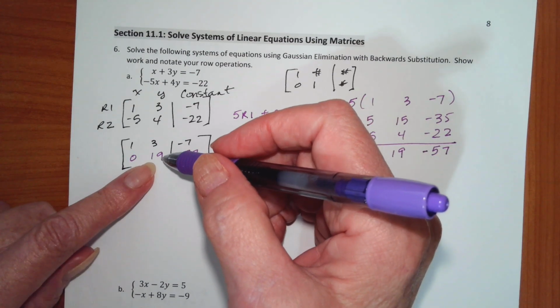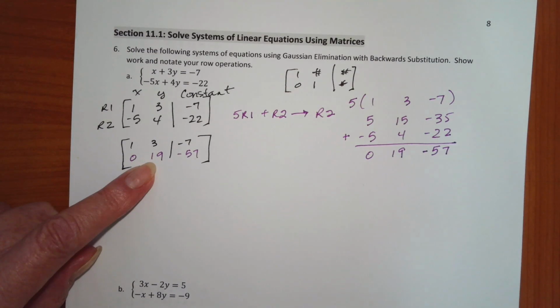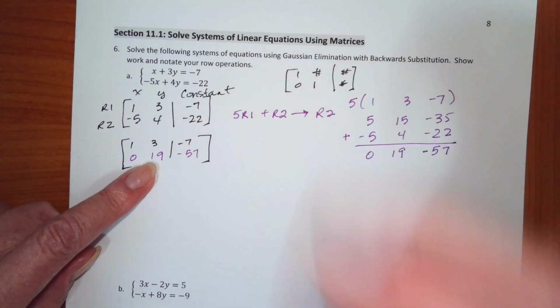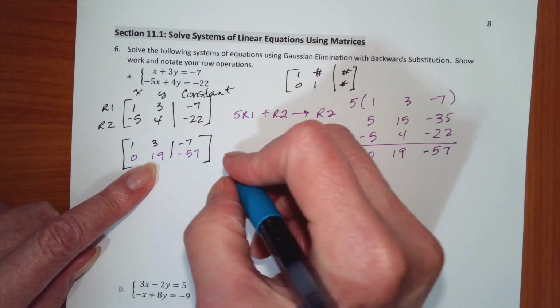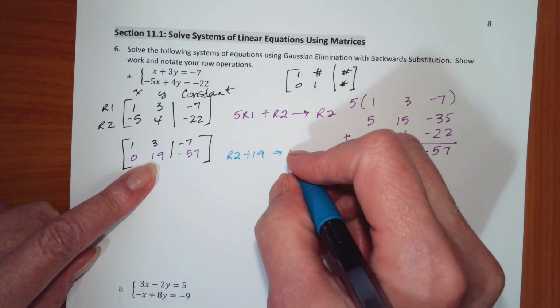Now I want to turn this into a 1. Well, all I have to do in order to do that is take R2, divide it by 19, and put that into R2.